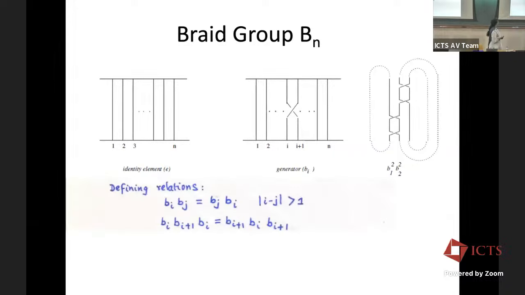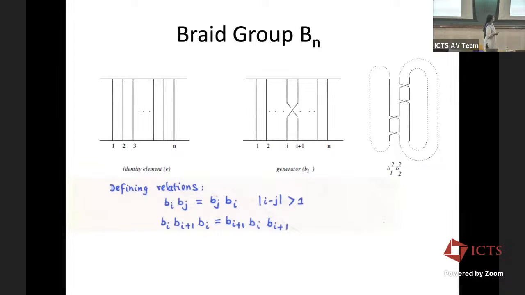There are some interesting relations. It's not a free group. Any arbitrary word will not give you a distinct braid. If you do crossings between these two and any of these last two strands, you can interchange them. It doesn't really matter because ultimately it is the same. But if they are consecutive, then you need to worry.